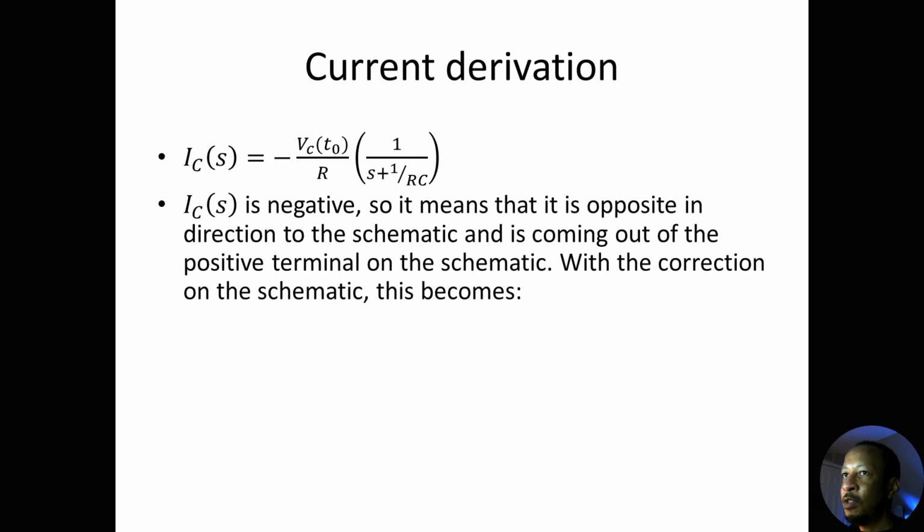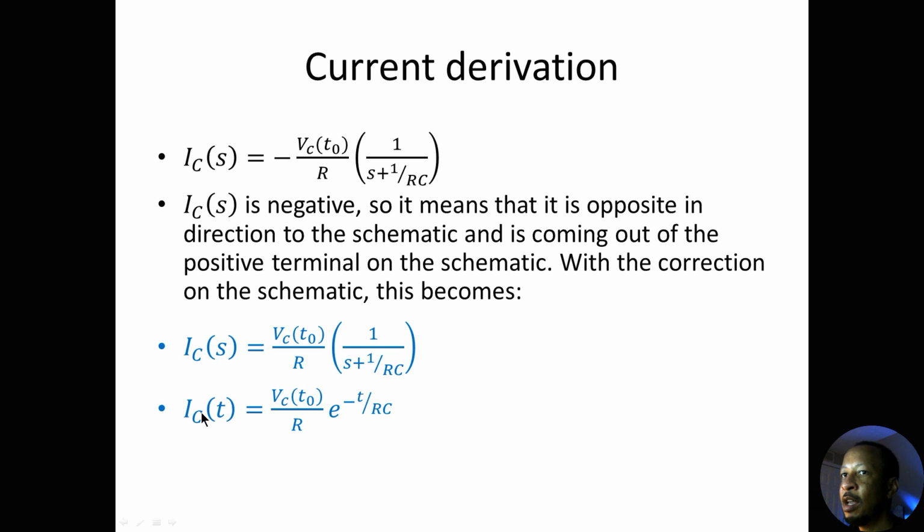With the correction on the schematic, this becomes IC of S equals VC of T sub 0 divided by R times 1 over S plus 1 over RC. And so that translates into the time domain as IC of T equals VC of T sub 0 divided by R times e to the negative t divided by RC. So it comes out to be the same as before, so this checks out.